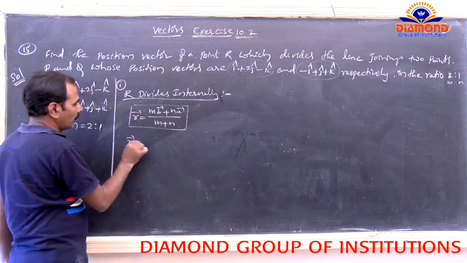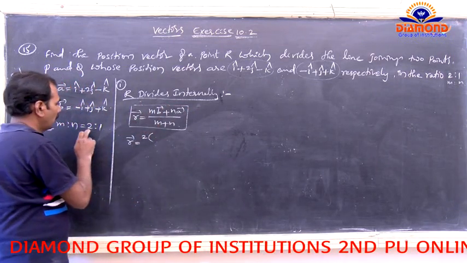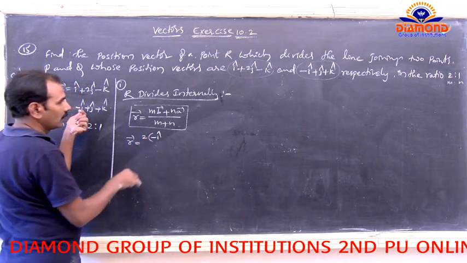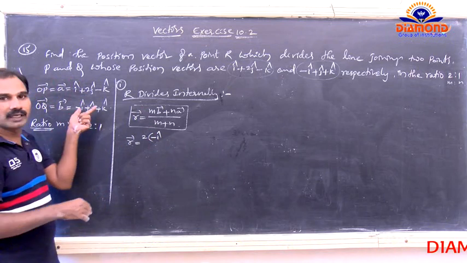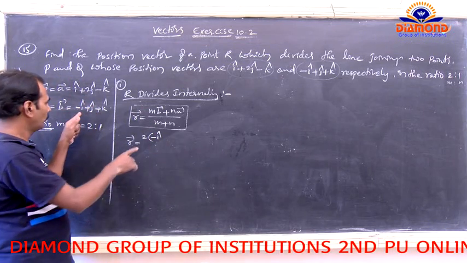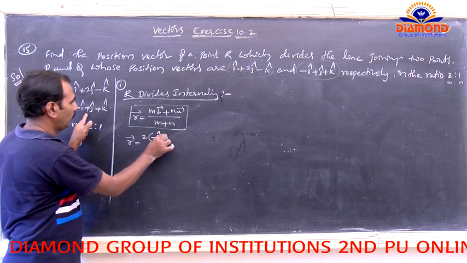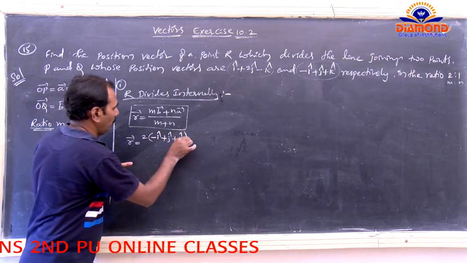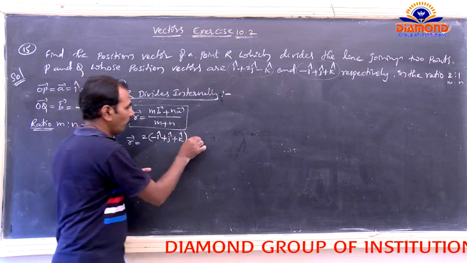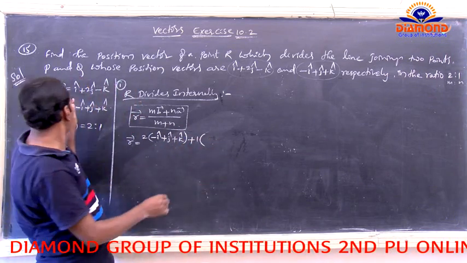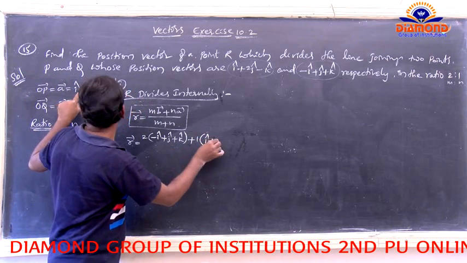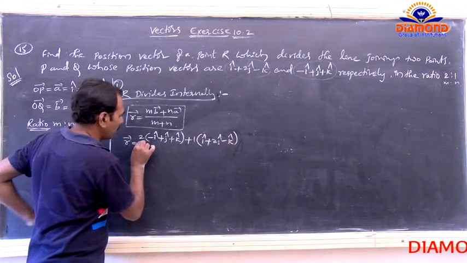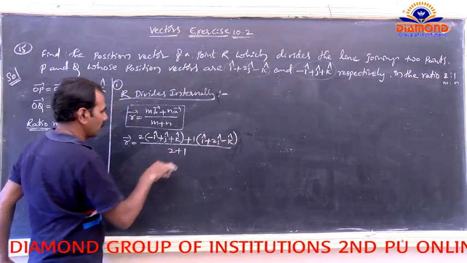R bar equal to m value is 2, B bar means minus I cap plus j cap plus k cap, plus 1 into I cap plus 2j cap minus k cap, divided by 2 plus 1.